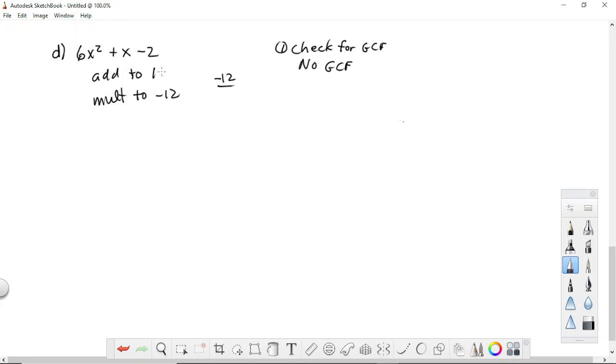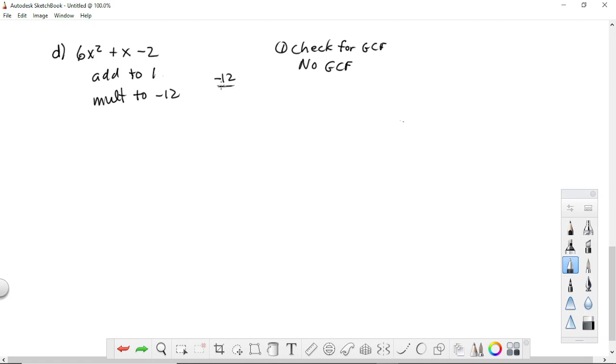Positive 1 this time. So the pair of numbers we have needs to multiply to make a negative number. So one will be negative, one will be positive. But this time when we add them, we're going to get a positive number.